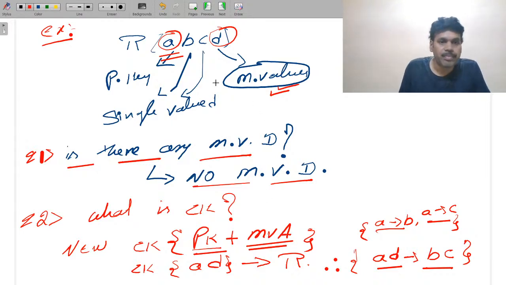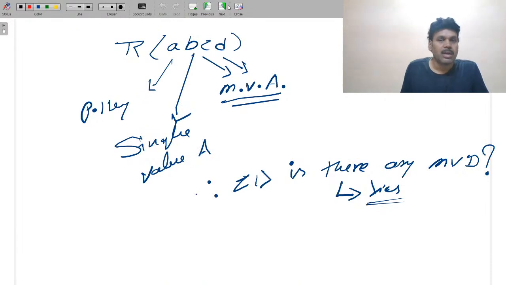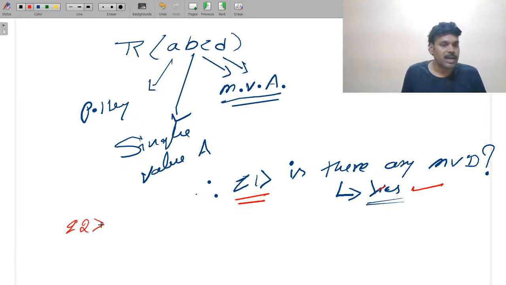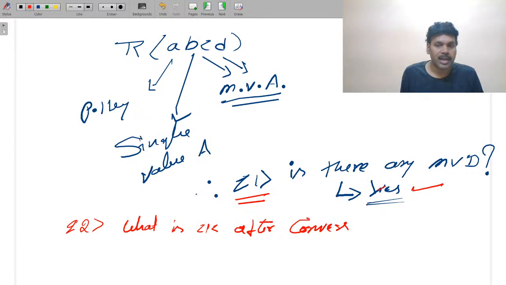Okay, friends. Now you look at this. For the first question, we confirm that there is a multi-value dependency, and the second question I am asking is, what is a candidate key after conversion into single values?